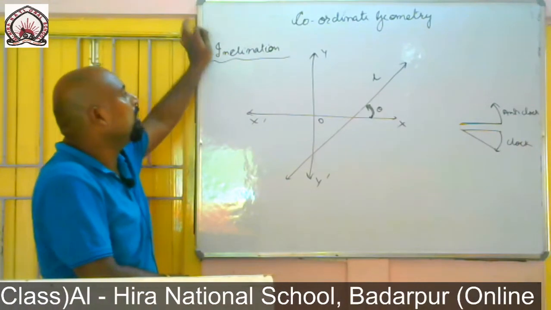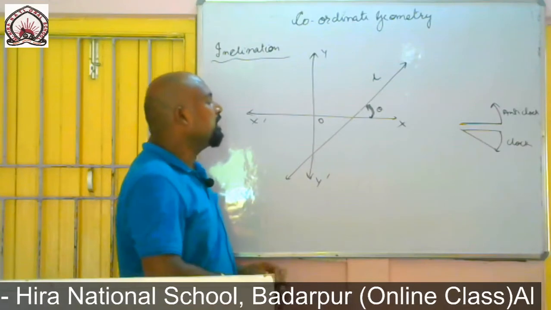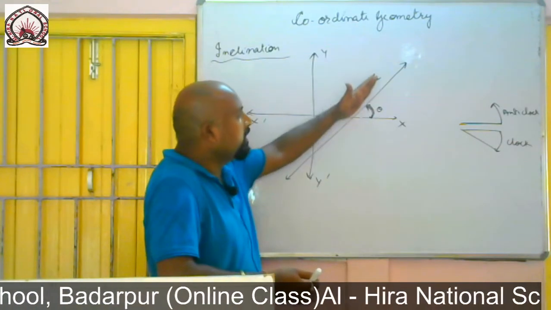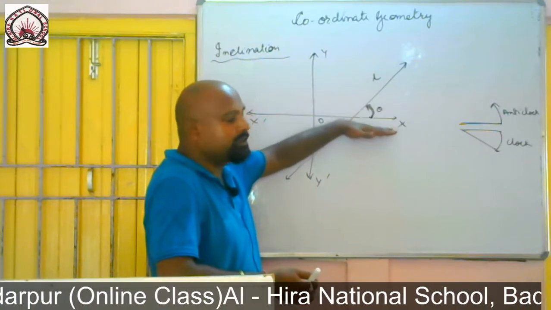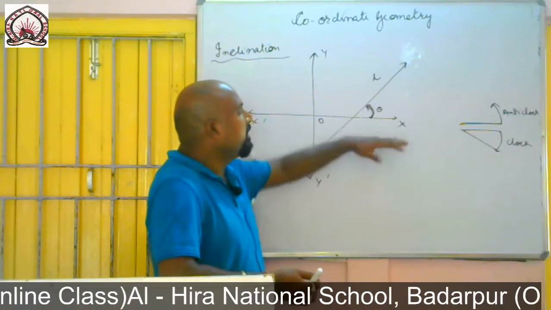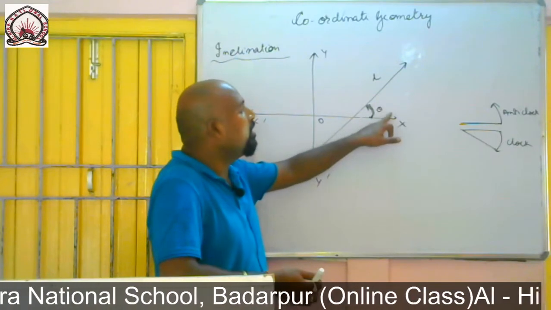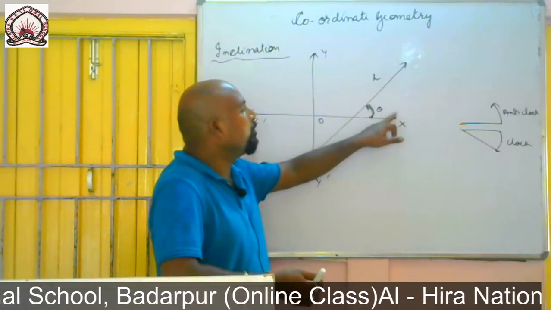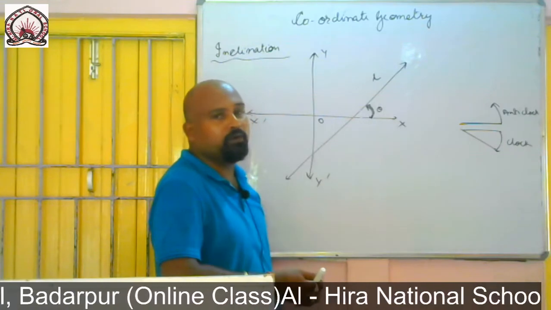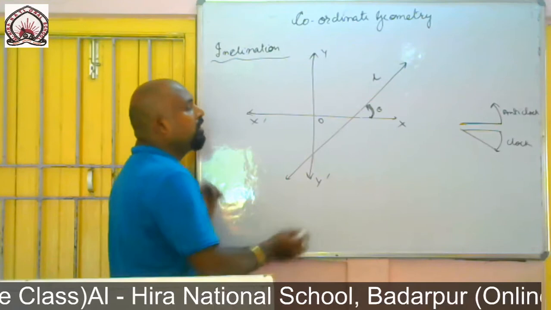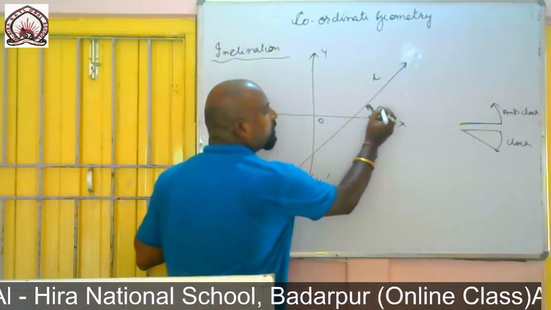Inclination is the angle between the line and the x axis, measured along the direction of the x axis in the positive, anti-clockwise direction. So this angle is theta.